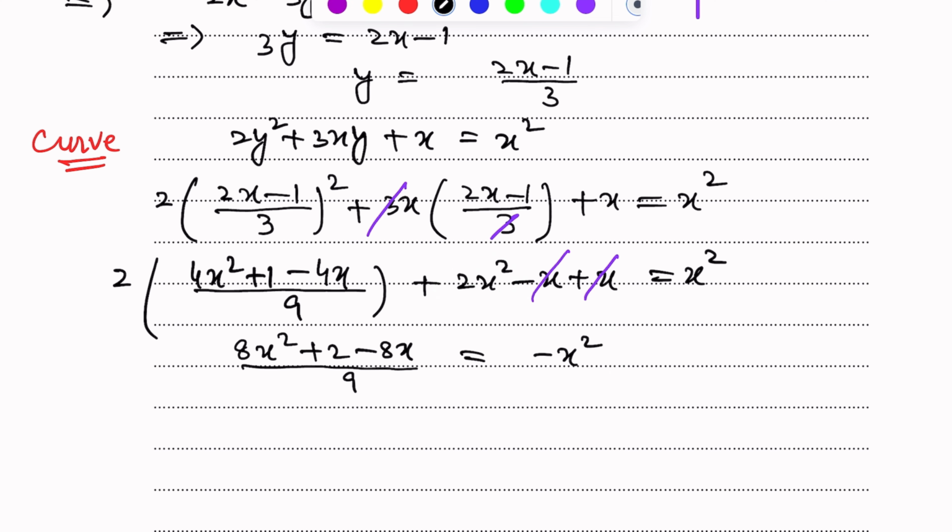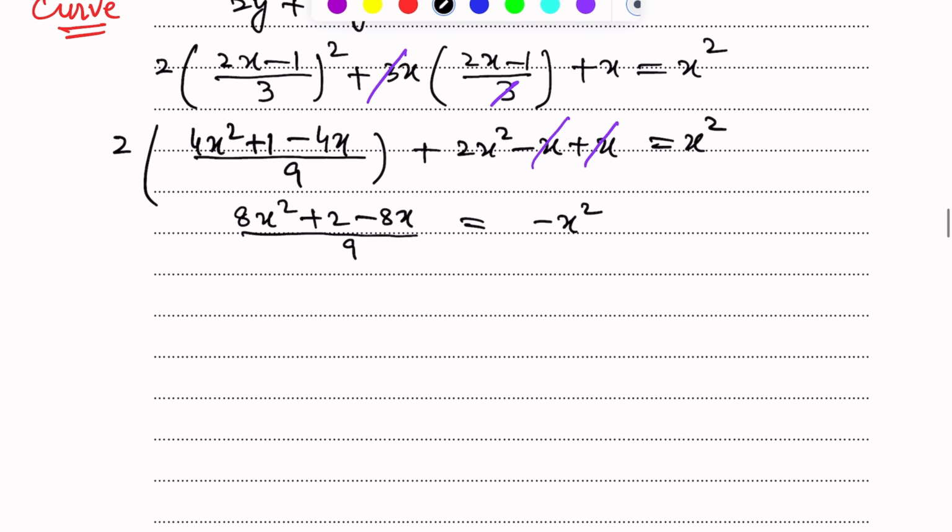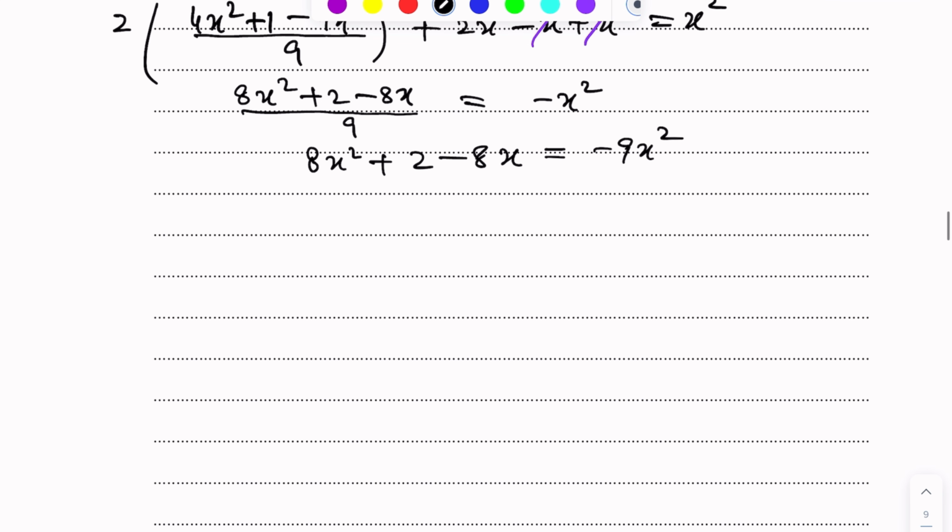Now by cross multiplying, we get 8x square plus 2 minus 8x is equal to minus 9x square. Writing the equation in standard form, 17x square minus 8x plus 2 is equal to 0.